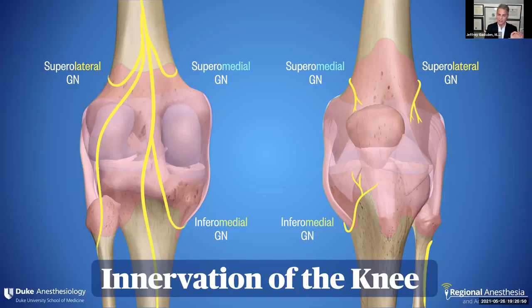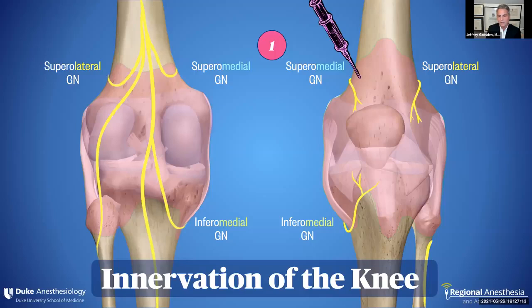What's left? A couple of branches of the femoral nerve, the nerve to vastus intermedius and lateralis, and then these genicular nerves. And as I said, we don't do the inferior lateral ones, so those will remain unblocked. But these provide easy targets to improve the pain control after knee surgery.